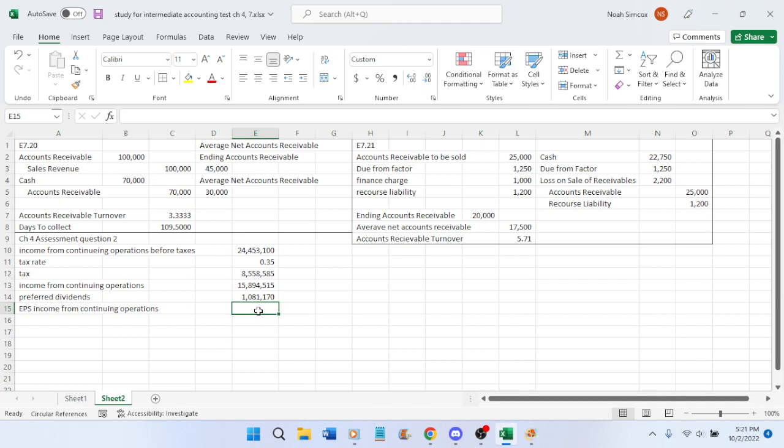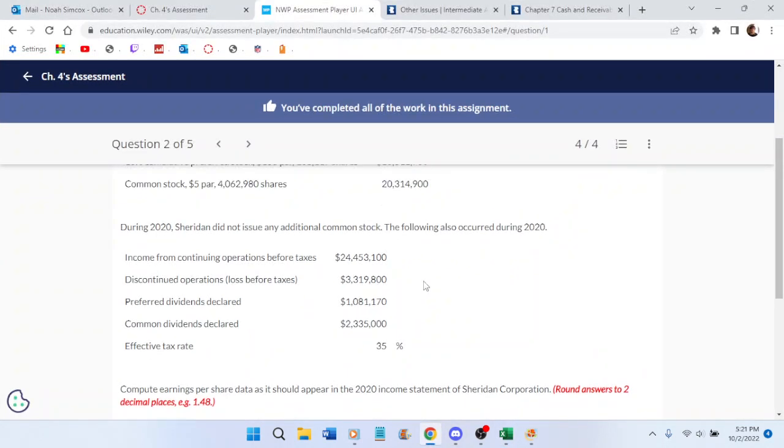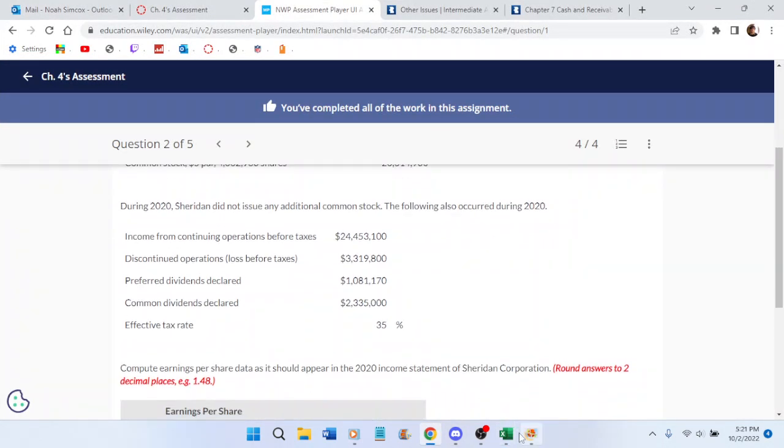So you do net income, this minus preferred dividends, and then you divide it by the number of common shares outstanding. I should have just written that down somewhere. Crap.